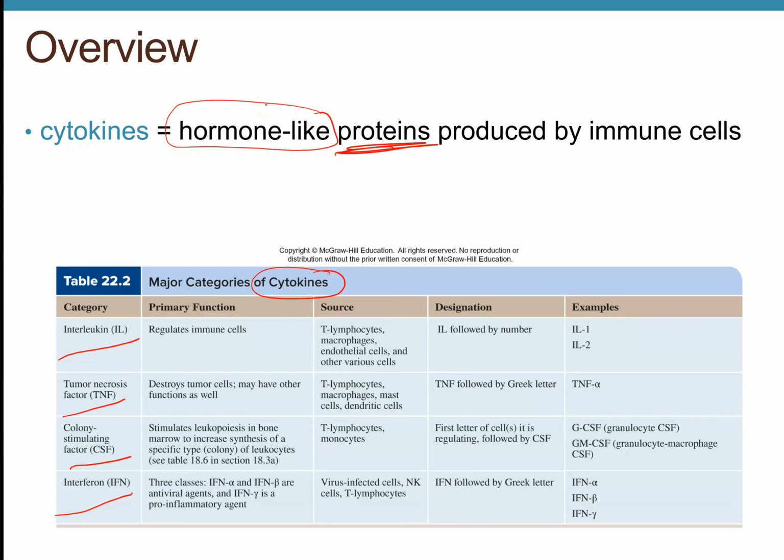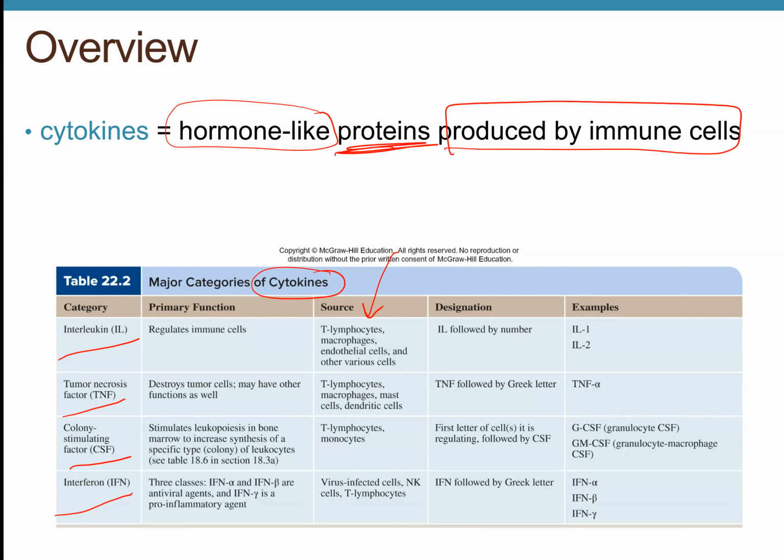They're not technically hormones, but they act like hormones, and they're produced by some of the immune cells. So you can look here and get kind of a feel for it. T cells, macrophages, mast cells, virus-infected cells, or the NK, natural killer cells. That's where these cytokines are going to come from.